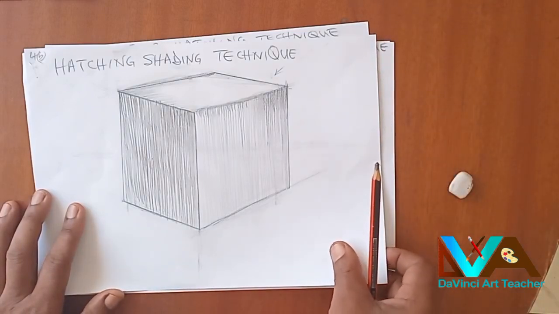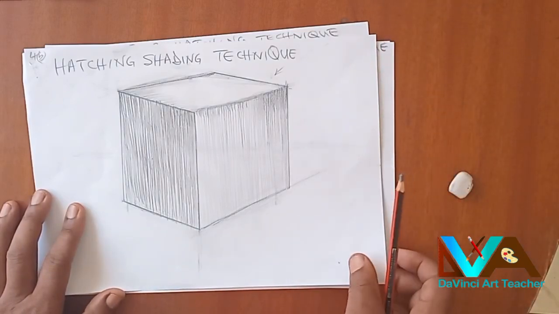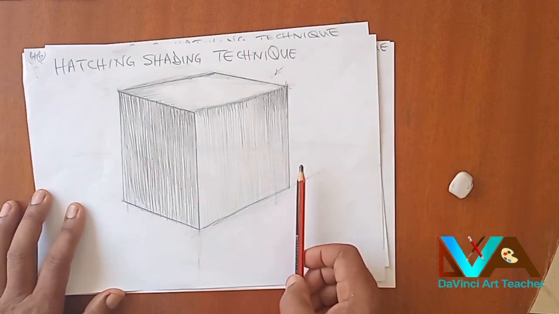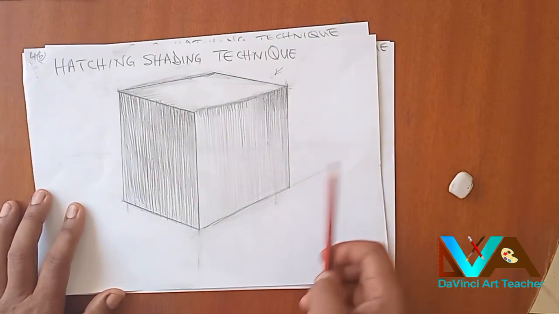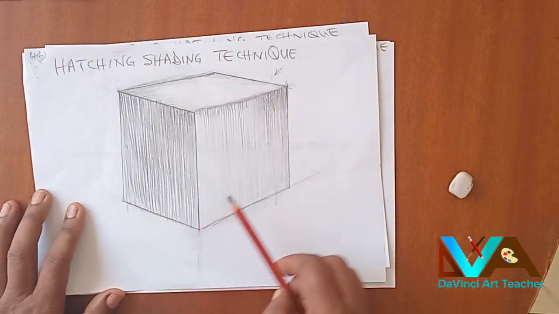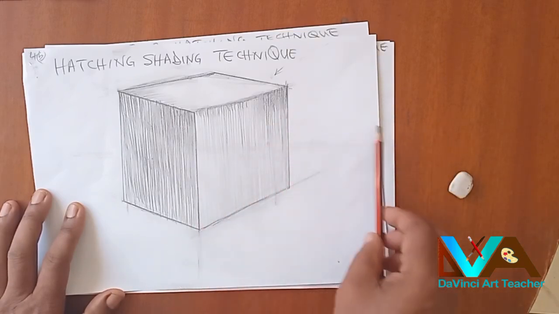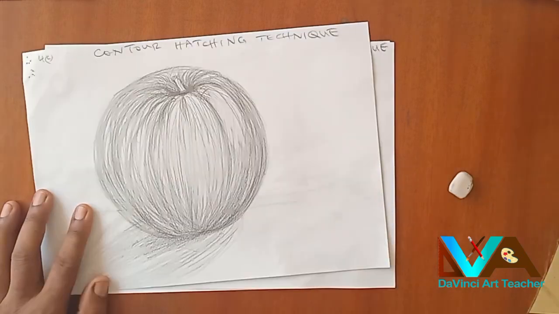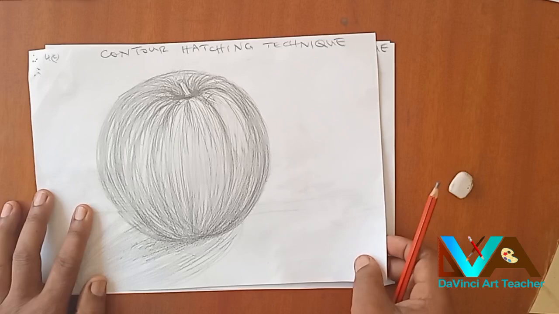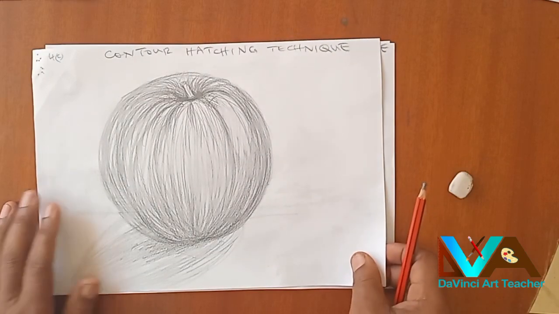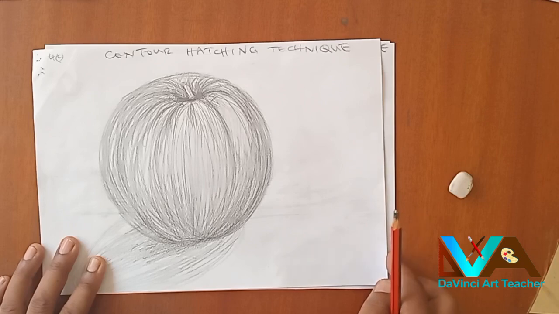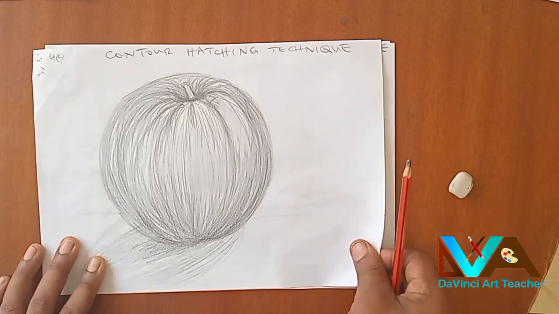Hatching technique uses parallel lines which are one directional to create various shades, various effects. They can show the volume, the depth, and even the space around the object. We shall also apply another technique called contour hatching, where you use curved lines that follow the curvatures of the object that you are drawing.